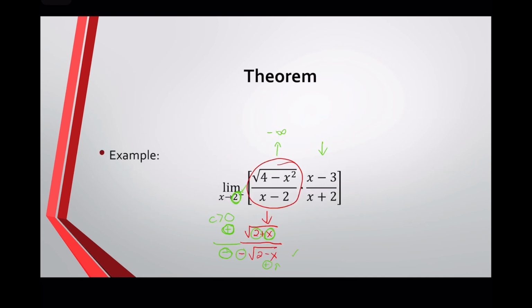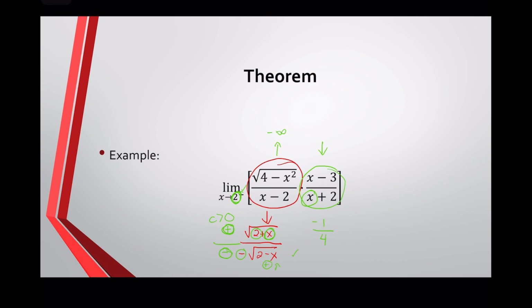So going back to this part, how about the limit of x minus 3 all over x plus 2 as x approaches 2 from the left? Now, we can definitely just substitute x at our denominator here because it wouldn't be equal to 0, right? So the limit here would just be, for the denominator, 4, and our numerator would be a negative 1.